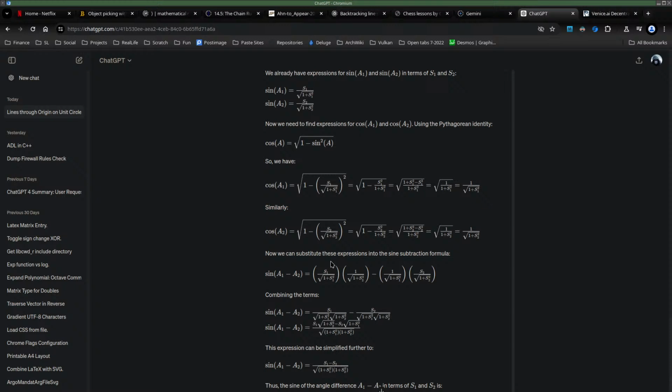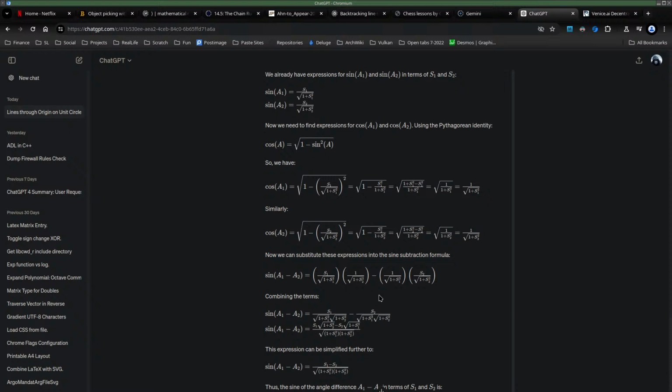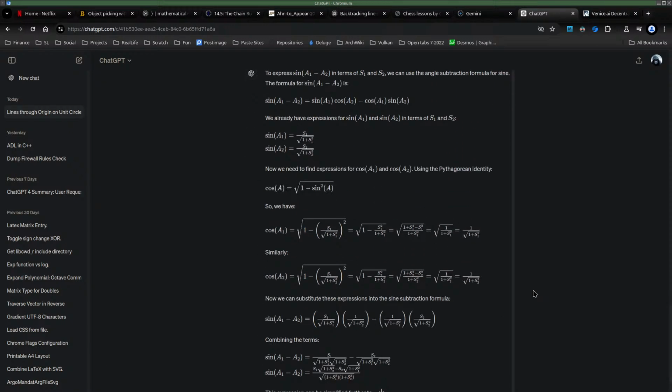Now we can substitute these expressions into the sine subtraction formula. The sine and the cosine, and minus the cosine times the sine.